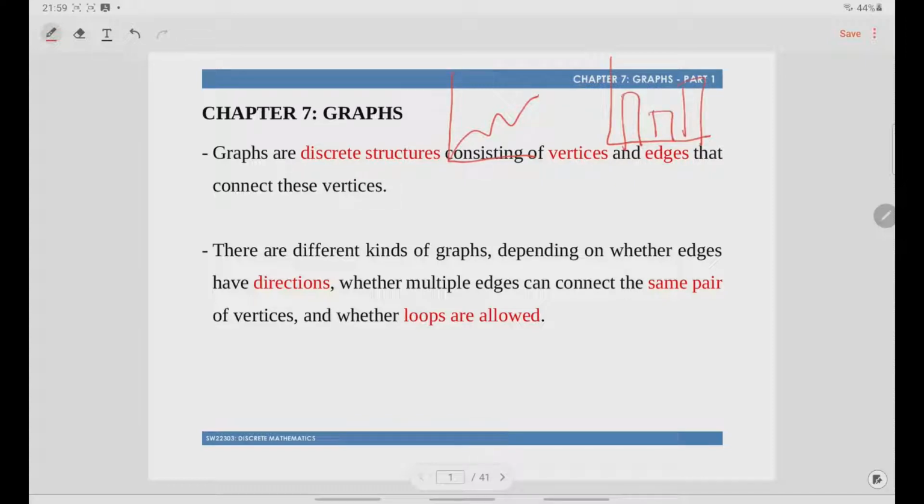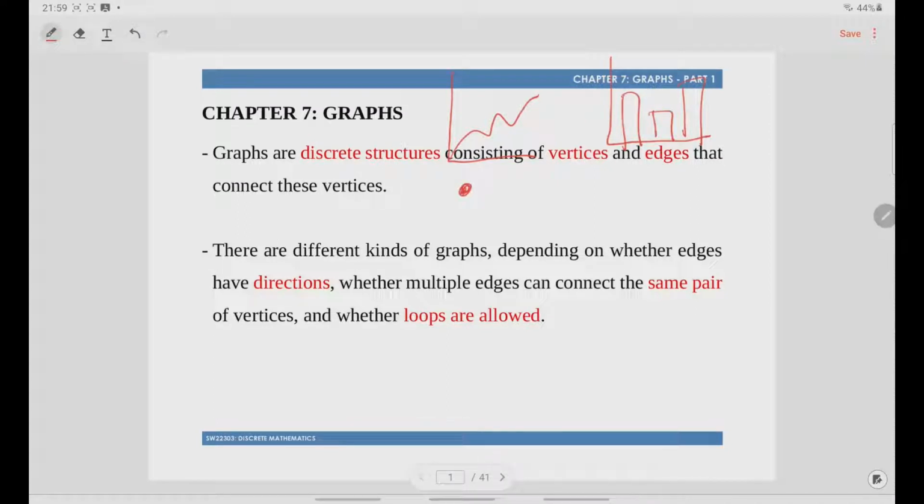So in discrete mathematics, we have different kinds of graph. Because in discrete mathematics, basically graphs are discrete structures consisting of vertices and edges that connect these vertices. Okay, if you have a single one, for singular, we call it a vertex.